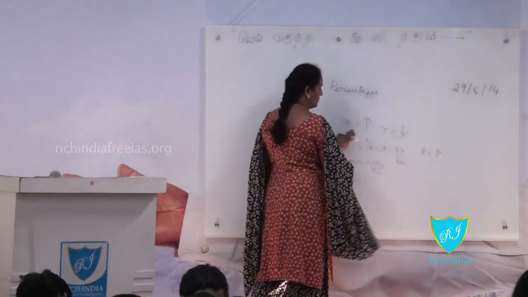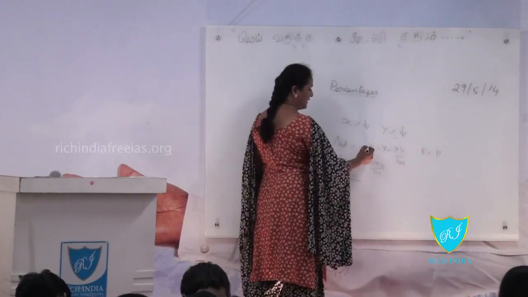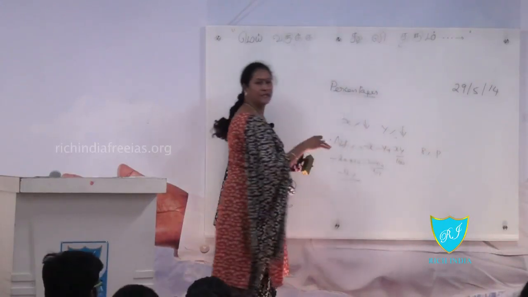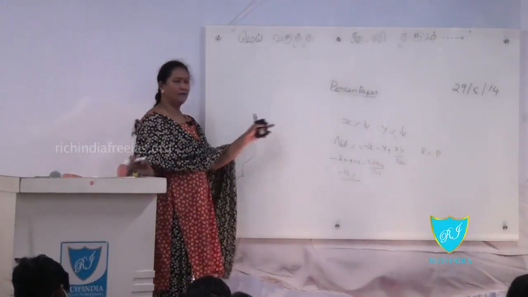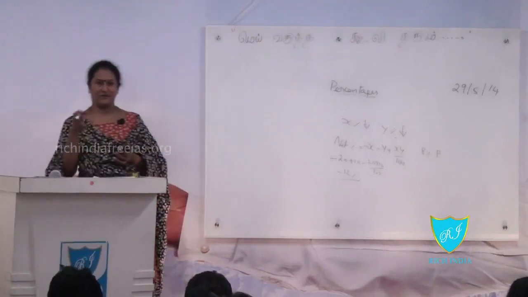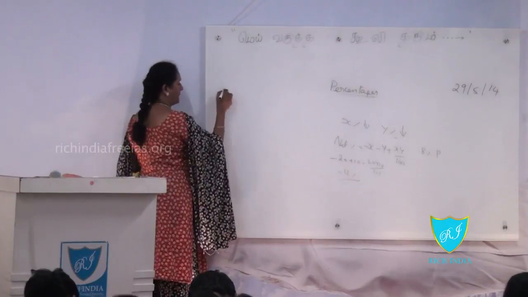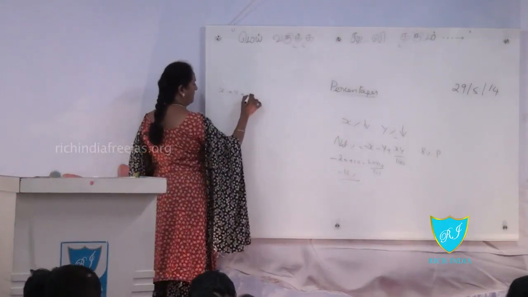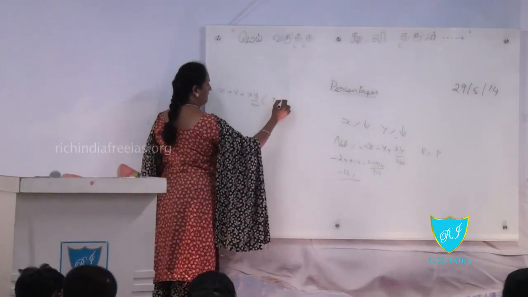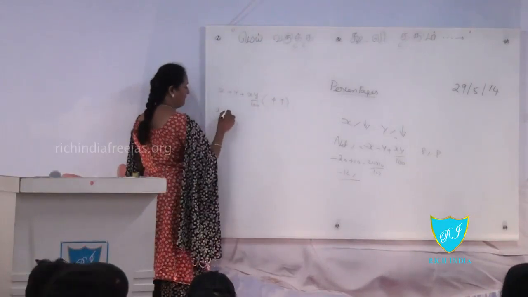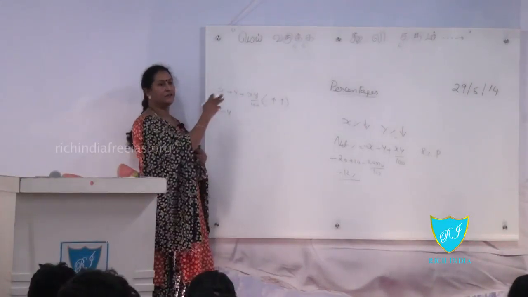When both are discounts, then it is minus x minus y plus xy by 100 that will give you a single discount. Work out the 10th question, and after that we will have a break and continue. In the same concept, when it is a decrease you take minus, increase you take plus.